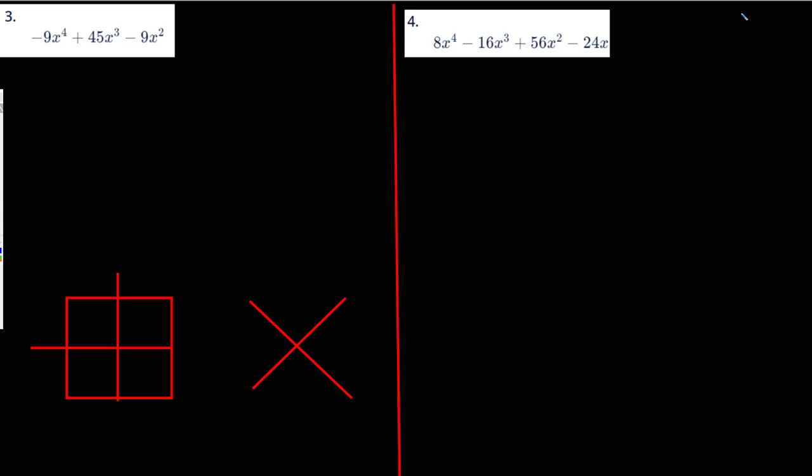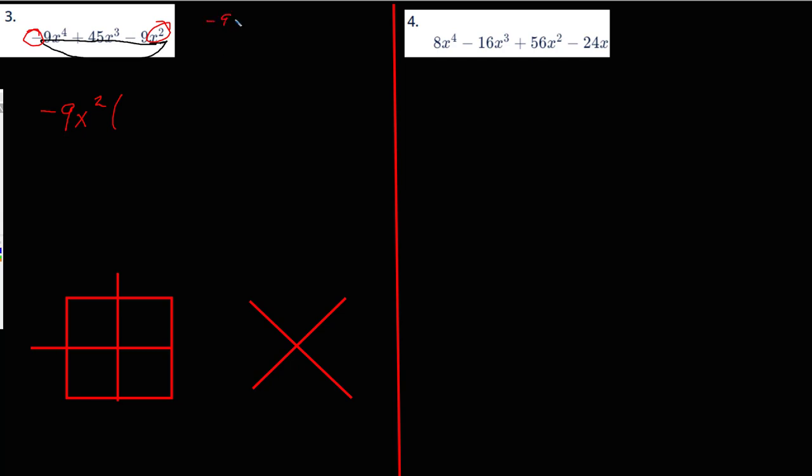On this next one, we look to see, is there a number that can divide into all of these numbers? And the answer is yes, there's a 9. And since the first sign is negative, I'm going to factor out a negative 9. But there's also an x in all of these, so I factor out my lowest power of x.